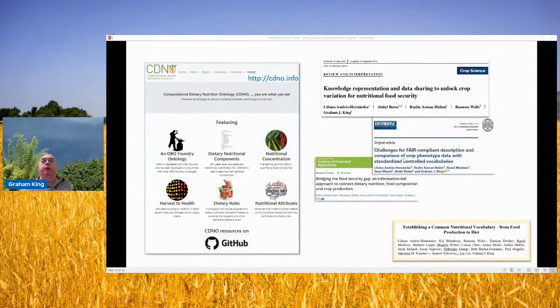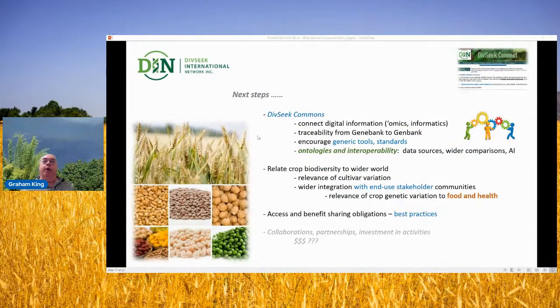So just finally, I'd like to wrap up by saying the next steps for DivSEEK is to grow as a community, make more connections, certainly develop DivSEEK Commons as a platform to bring existing investment and existing resources together and focusing on the interoperability and relate crop biodiversity to the wider world, where food and health is clearly one of the major concerns.